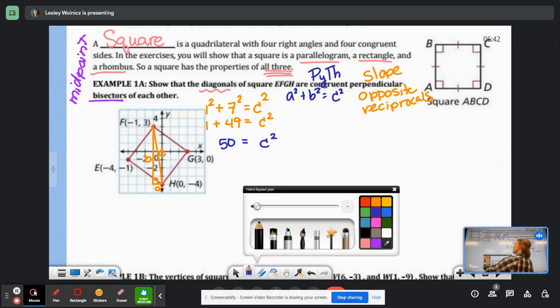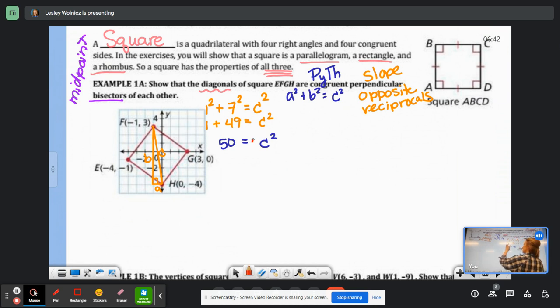And now I don't want C squared, I really just want C, so I'm going to take the square root. Now this is an equation, and there are two numbers, one positive and one negative, that when I square them, I get 50. In geometry, though, we only care about the positive one because it's supposed to be our length, and lengths and distances are positive.